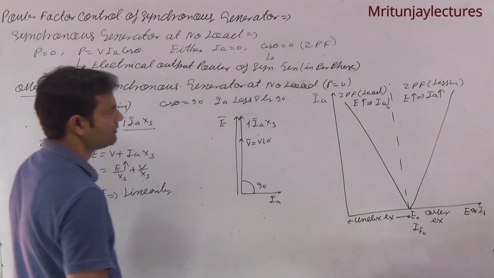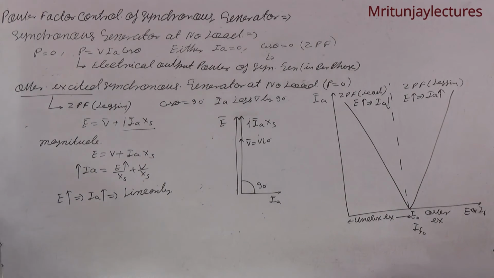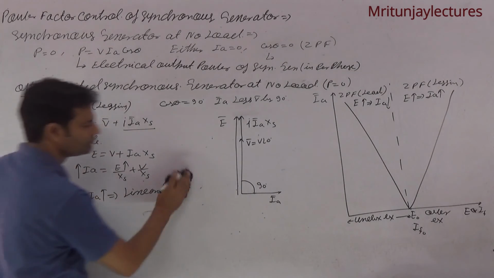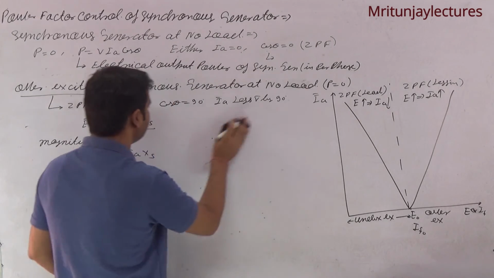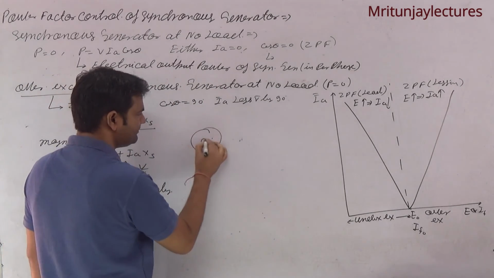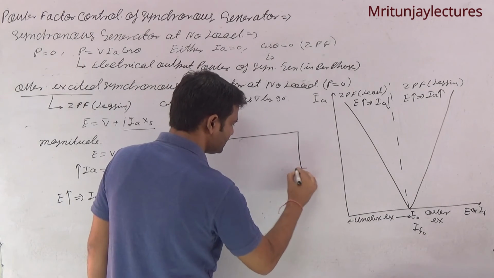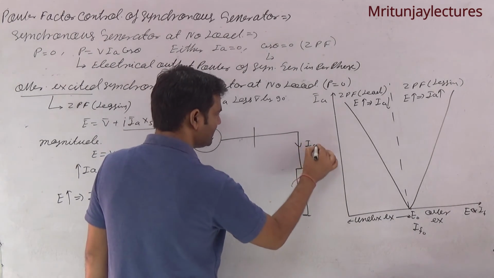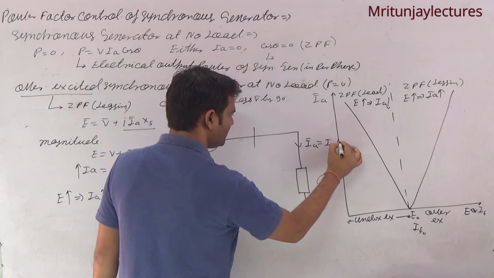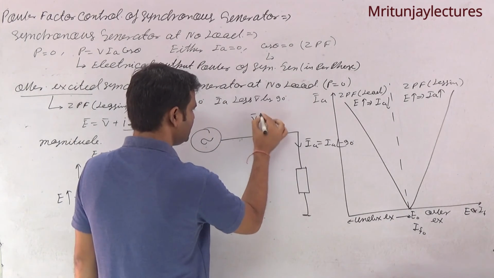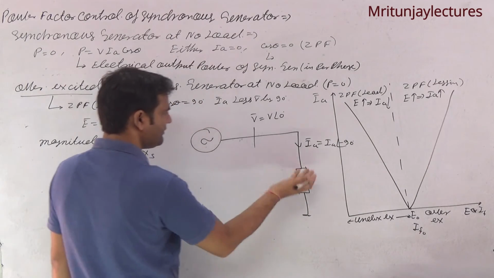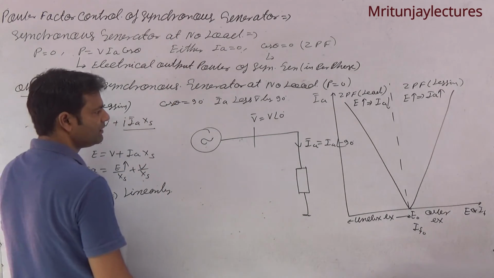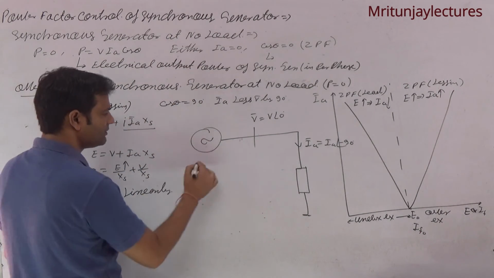Clear? Now we are focusing on application. First of all, make it. Clear? Now make it. That is the generator, and this one is the load represented here. What about IA? In this case, IA is equal to minus 90. V is equal to V at the angle 0. It behaves as an inductor.